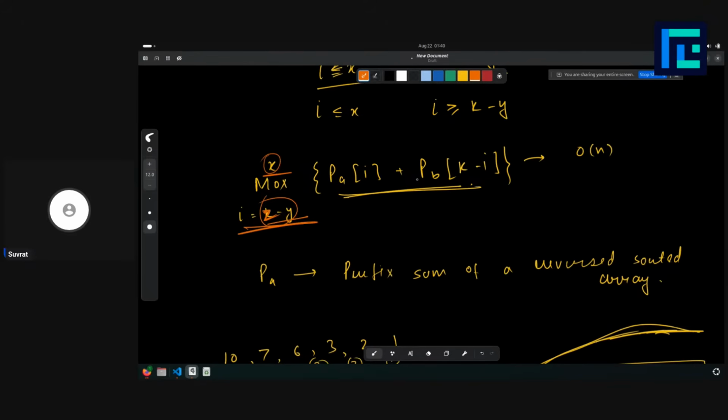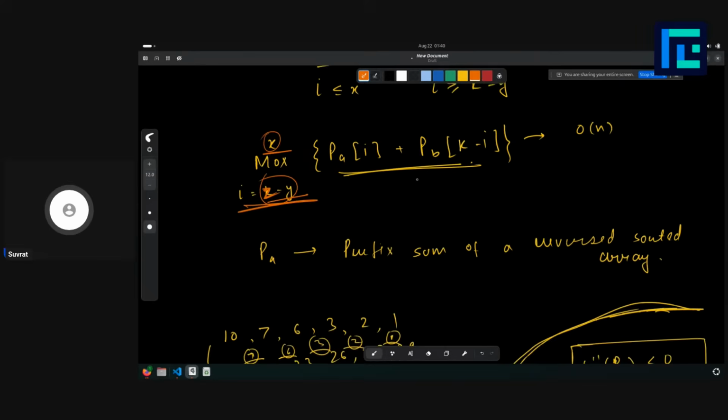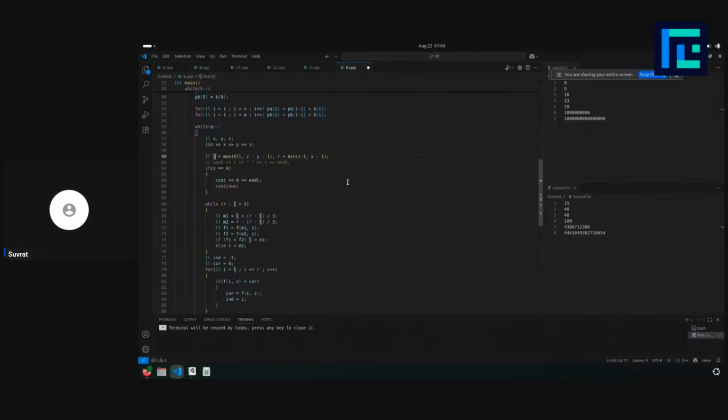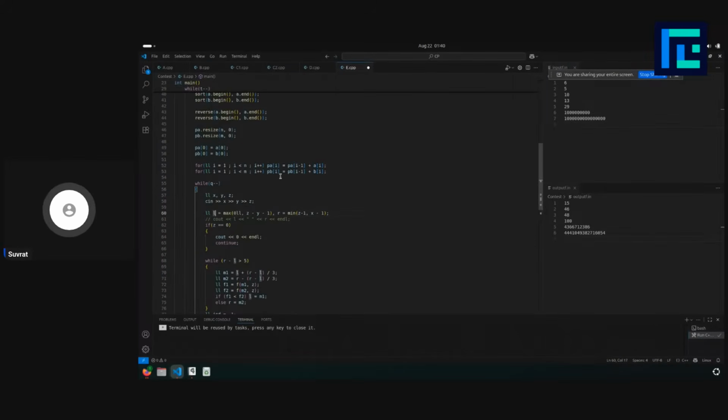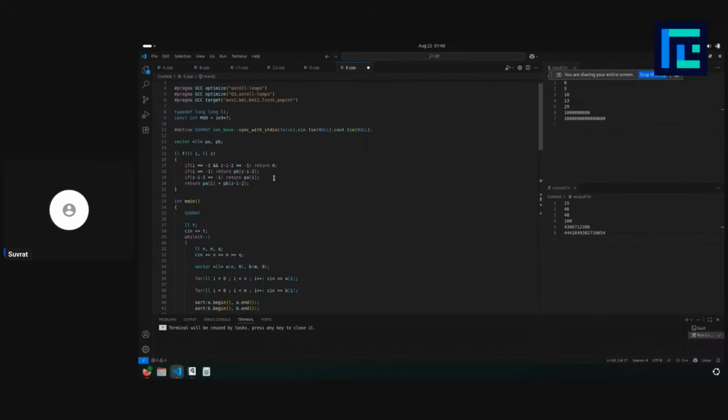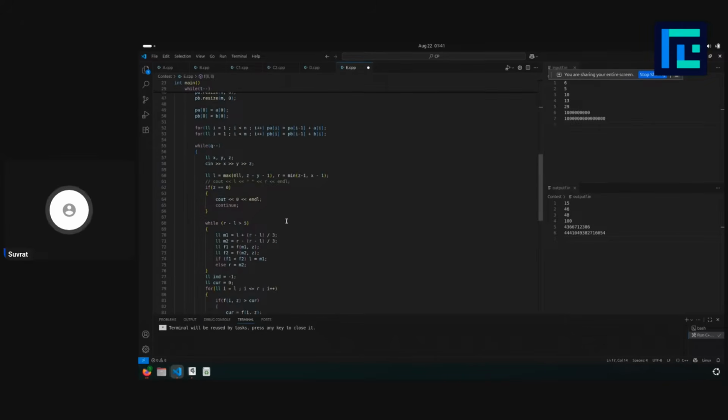The function is nothing but just selecting i from the pa and z minus i from pb. Because of zero base, I had to write especially for minus 1 indexes. So it would have been much better if I had written in one base.